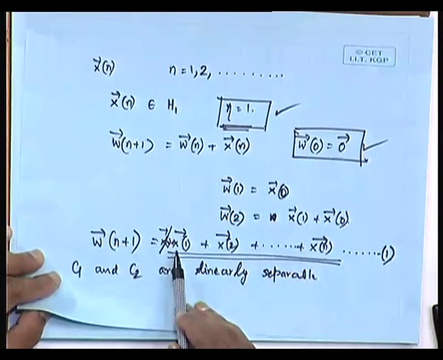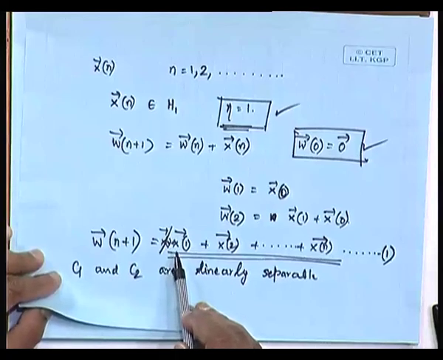Now, individually, what is the bound on W0 transpose x1? It must be greater than or equal to alpha. W0 transpose x2 is also greater than or equal to alpha. So, what is the bound on W0 transpose Wn plus 1? It is greater than or equal to n alpha.